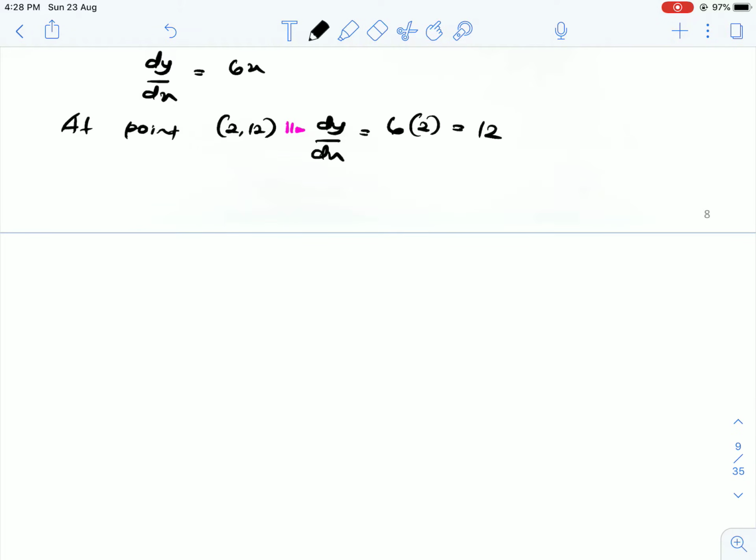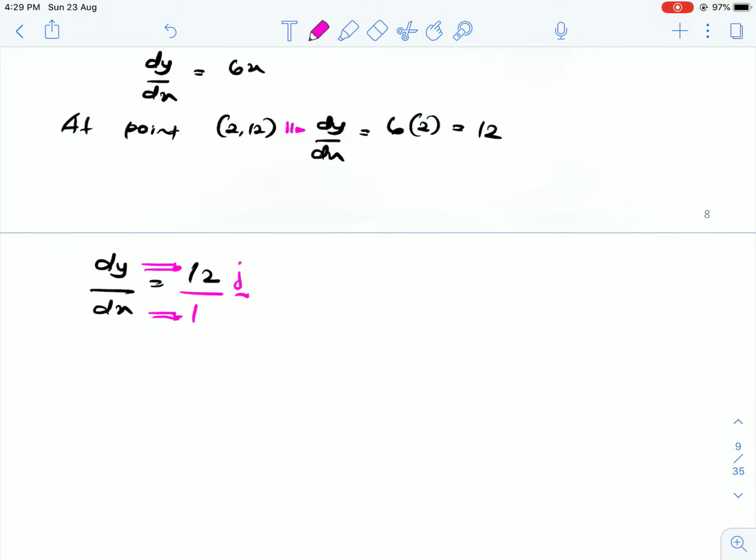We can find the parallel vector. Since dy/dx equals 12, what we should do here is, this is actually the j direction, this is over 1, right?